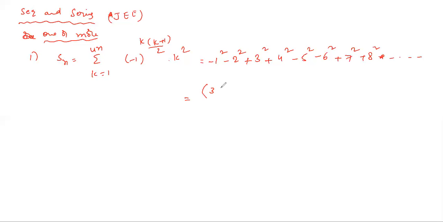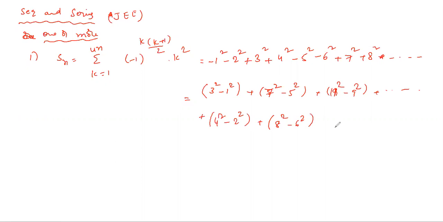You write 3 square minus 1 square, 7 square minus 5 square, 11 square minus 9 square, and so on. Even terms: 4 square minus 2 square, 8 square minus 6 square, and so on.